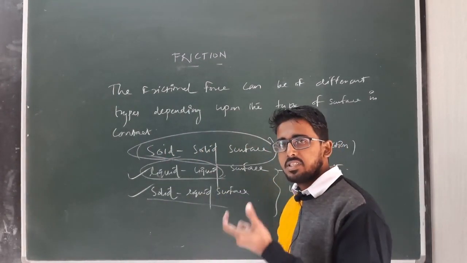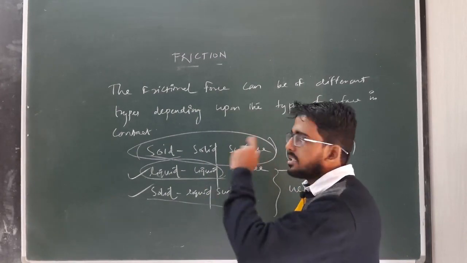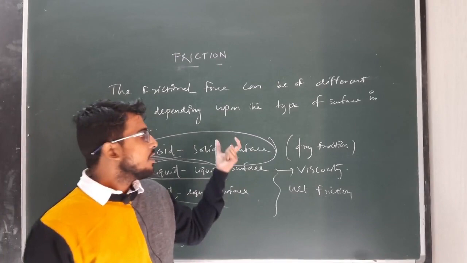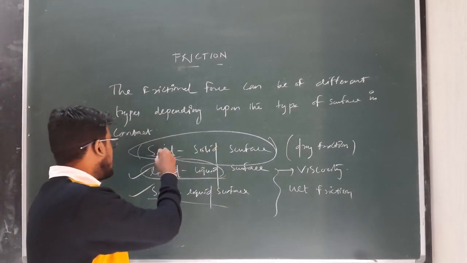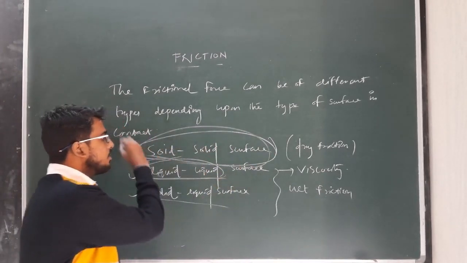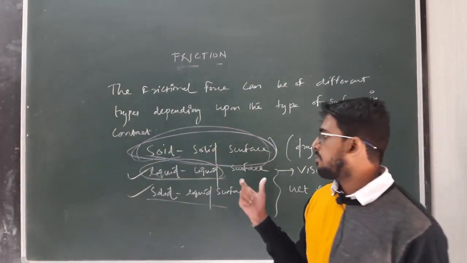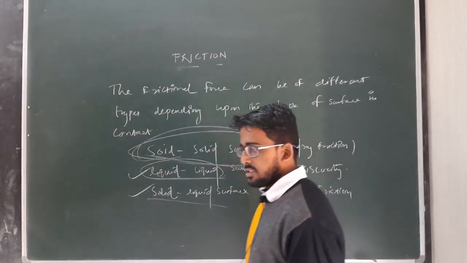Whenever two solid surfaces are in contact, there is a contact force, and the tangential component of that contact force is known as frictional force. So we only discuss now whenever two solid surfaces are in contact, what type of frictional force acts on them. Okay.